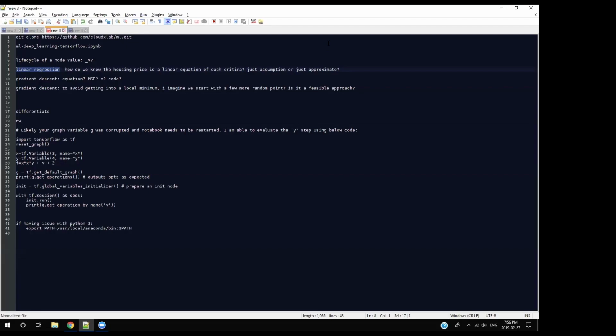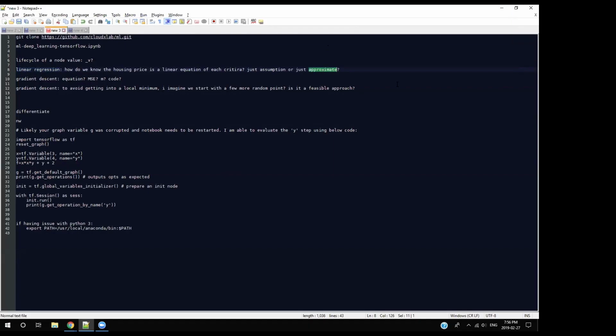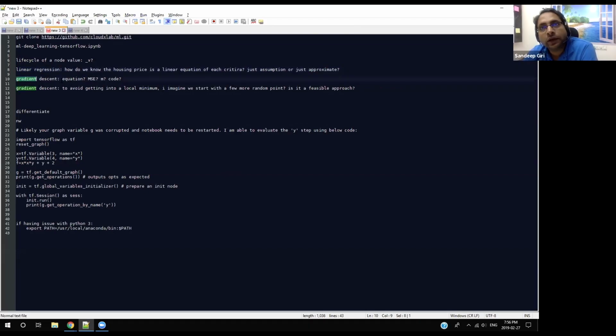Is it just an assumption? It's an assumption. So linear regression can only be used to resolve linear problems. If the relationship between input and output is not linear, then we can't use linear regression. I see.